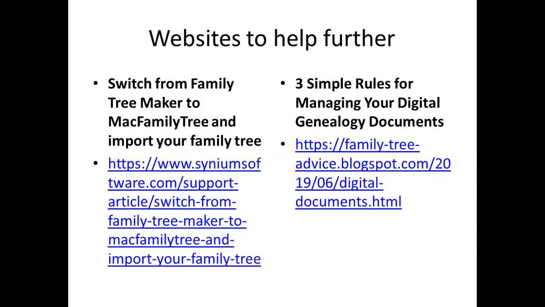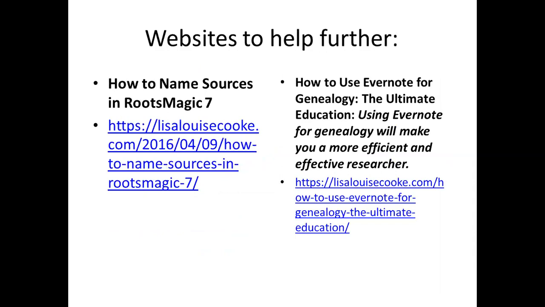Again, you can pause the site to look these up. These are some websites on how to switch from Family Tree Maker to Mac Family Tree and import your family tree, 3 simple rules for managing your digital genealogy documents, how to name sources in Roots Magic 7, and how to use Evernote for genealogy.